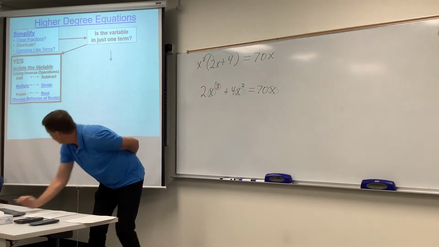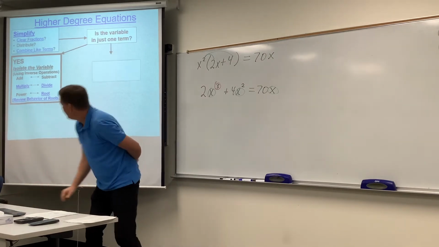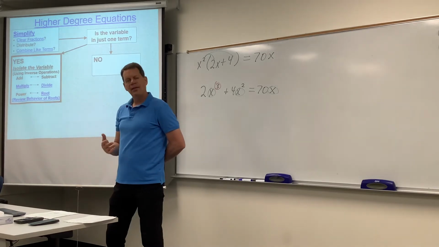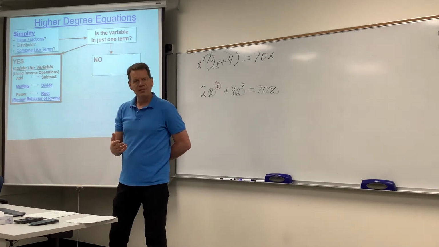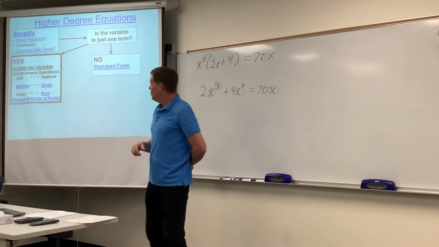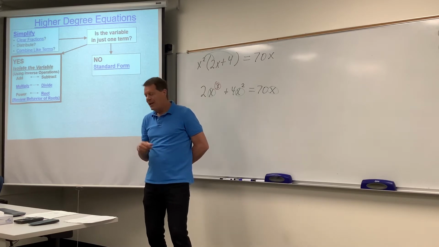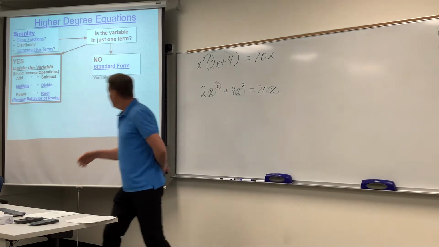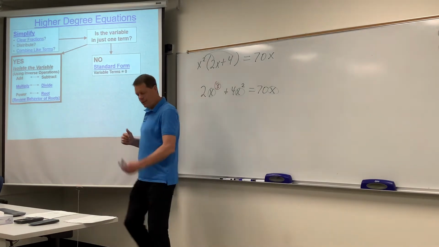So, here we go. When the answer to that is no, and this should sound familiar to you because this is very similar to what we did before spring break when we did quadratic equations, we get it in what the fancy people call standard form, all right? And I want to remind you that standard form is essentially to get everything on one side and make it equal 0, all right?